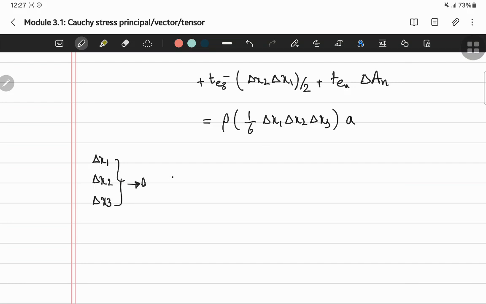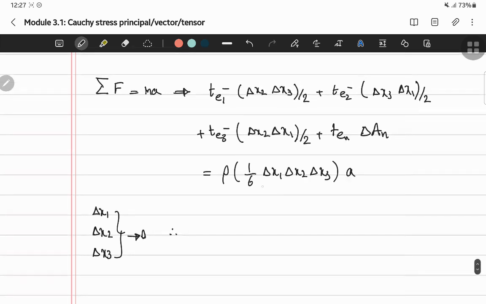Therefore, we can say that this side of the equation, which has the product of del x1, del x2, and del x3, goes to 0 faster than these terms in here, because they are like two counterparts of del x1 and del x2, or del x2, del x3.